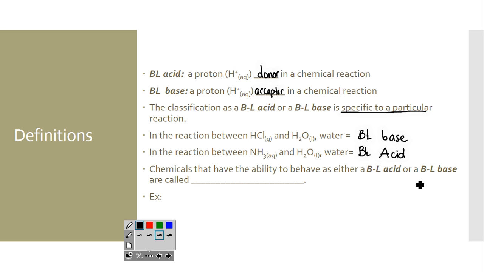Now, not every substance can do that, be an acid or a base. There's only a few that can. When something could be an acid or a base, we call them amphiprotic, or sometimes you might see amphoteric.